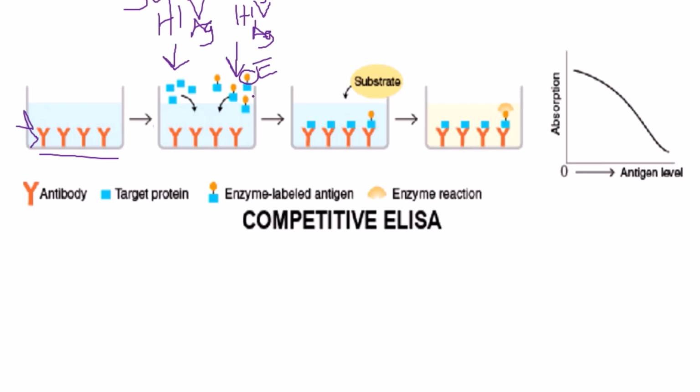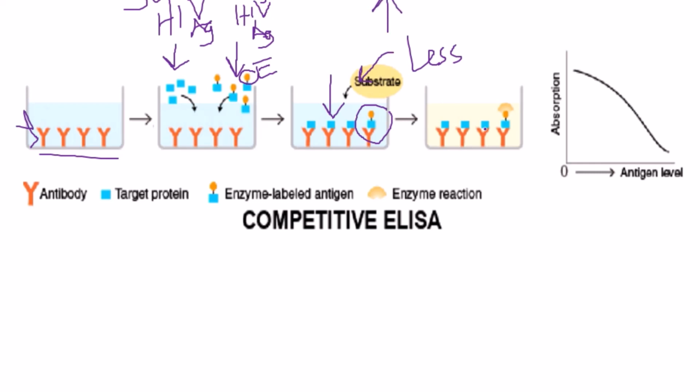And therefore, depending on which antigen is more abundant in this setup, if it is the patient antigen that is more abundant, it will compete successfully, and therefore the one that is conjugated to the enzyme, once substrate is added, there will be less signal. If the synthetic conjugated antigen was abundant, it would compete successfully and therefore outcompete the serum HIV antigen, and therefore there will be more signal.